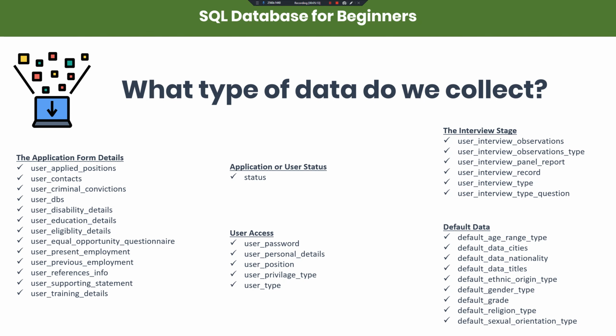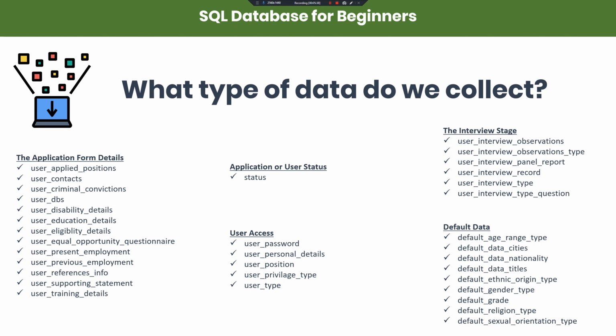But once the user has been interviewed and maybe has been offered a job, then we can say, all right, the job applicant status has changed from just an ordinary job applicant to an employee. So this status table is going to have different levels of status.